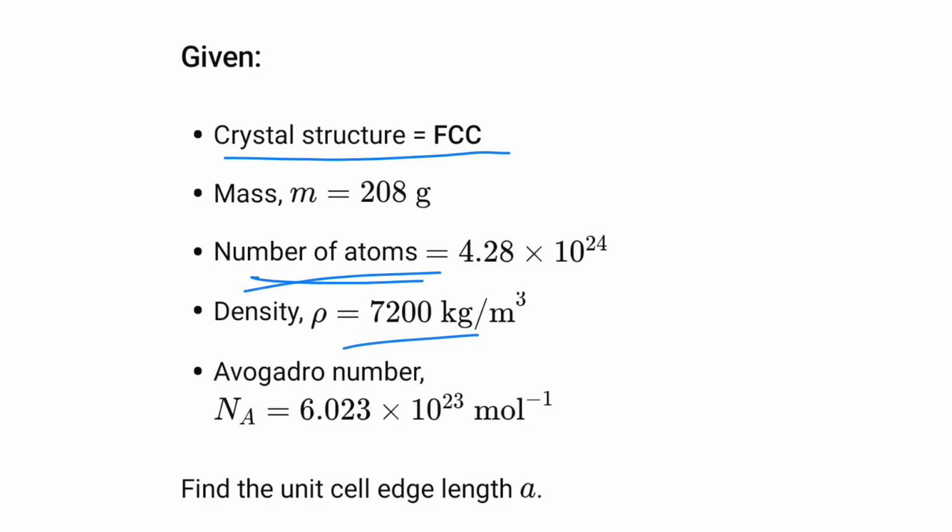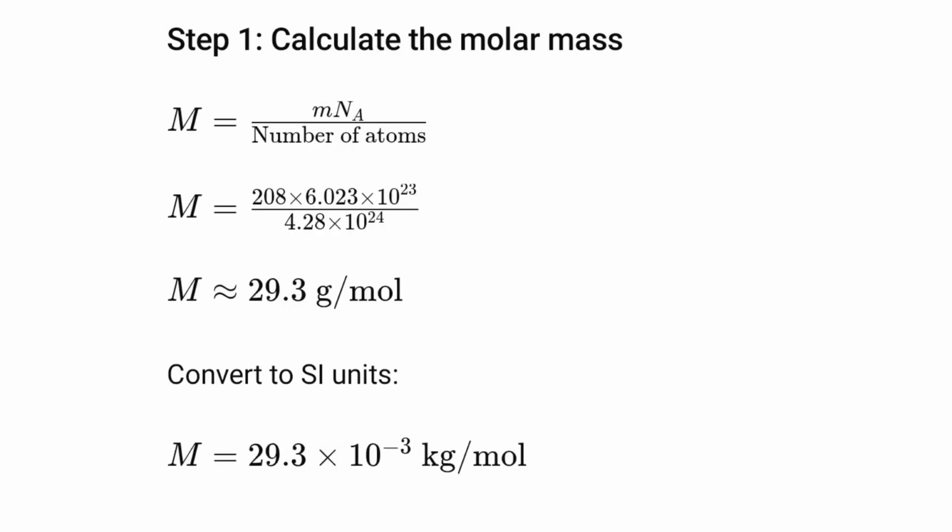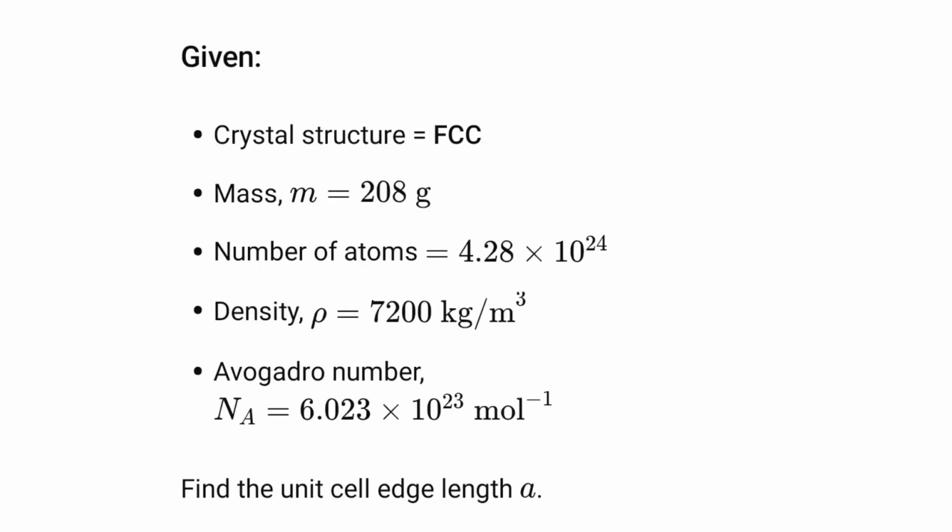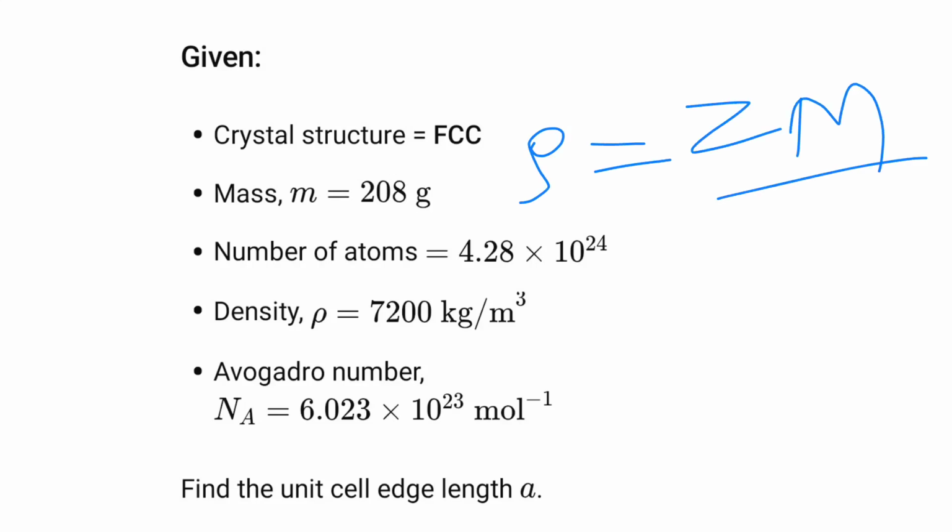Density is given as 7200 kg per meter cube, and Avogadro number is 6.023 into 10 raised to 23 per mole. Substitute in the formula rho equal to ZM by Na a cube.